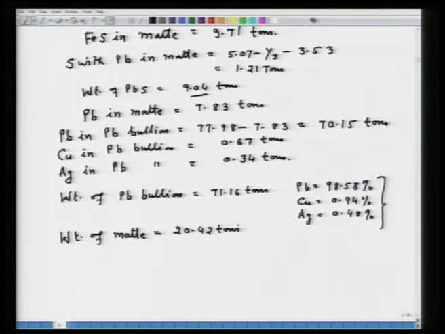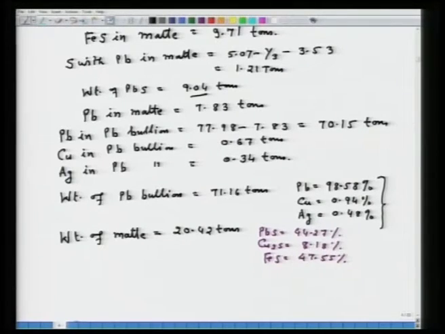You have to sum the total, and percentage wise, PbS is equal to 44.27%, Cu2S 8.18%, and FeS 47.55%. So, that is the weight of mat.